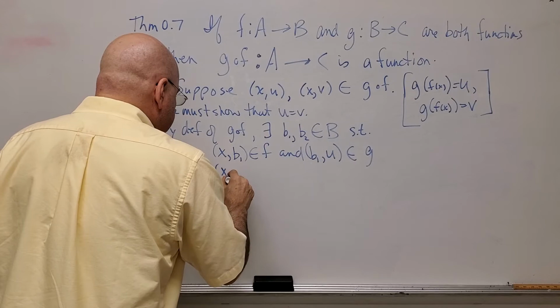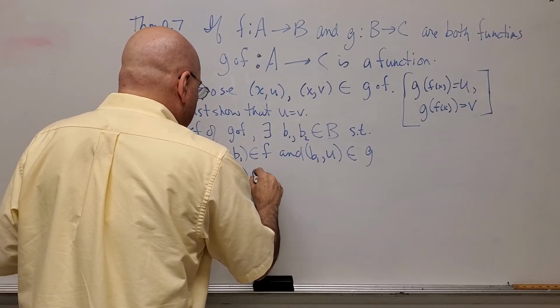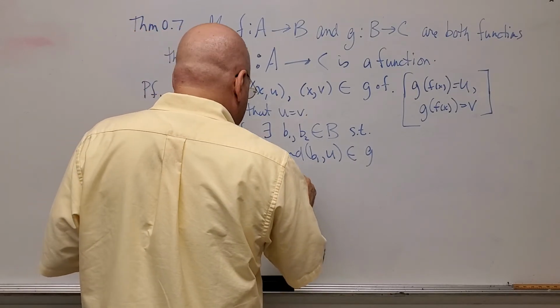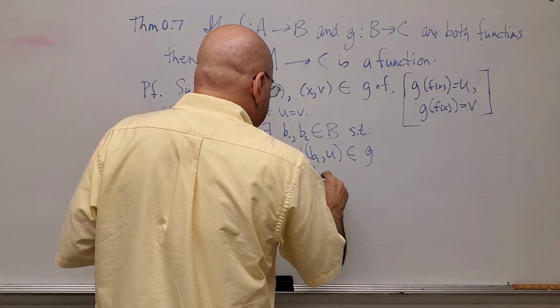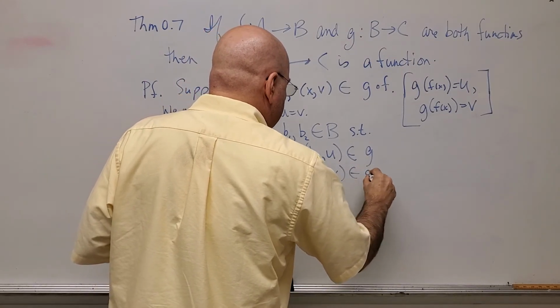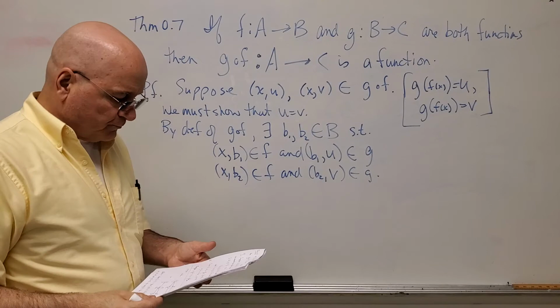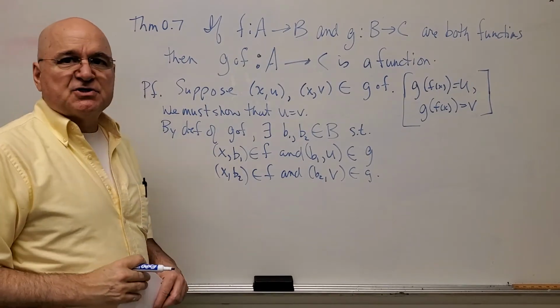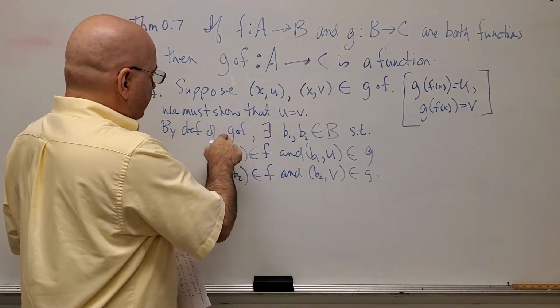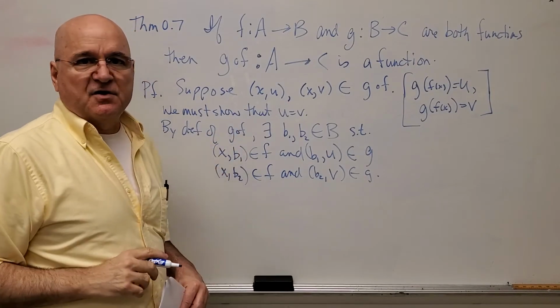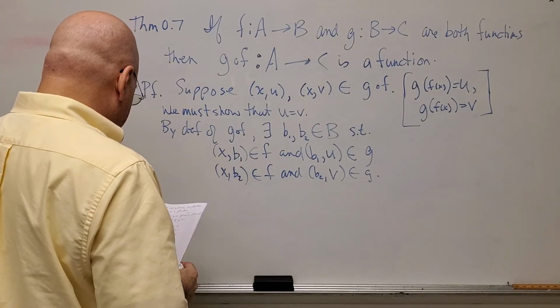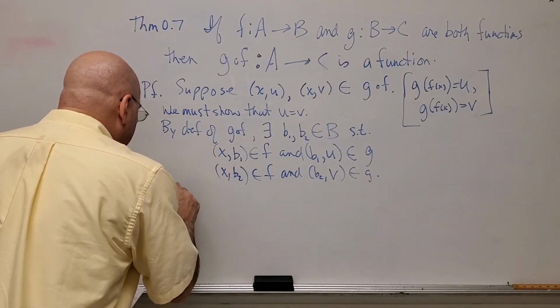And the b2 is going to be for v. So x, b2 is an element of f, and b2 comma v is an element of g. We've used nothing but the definition of g composed with f, the composition of g and f. Well, what do we know now?